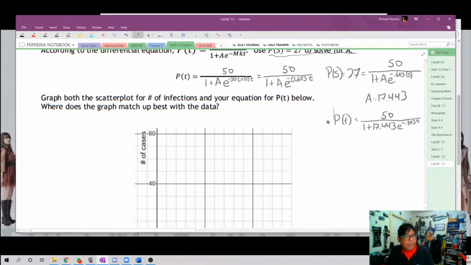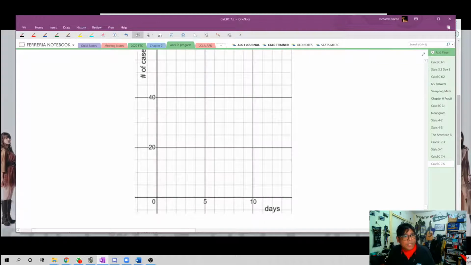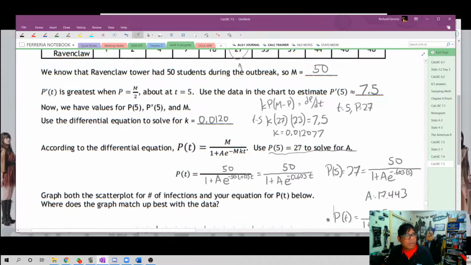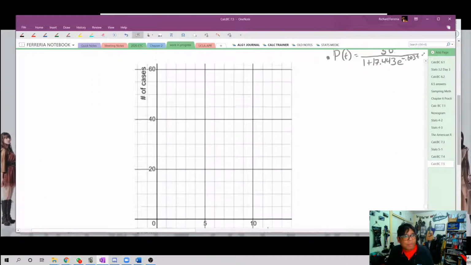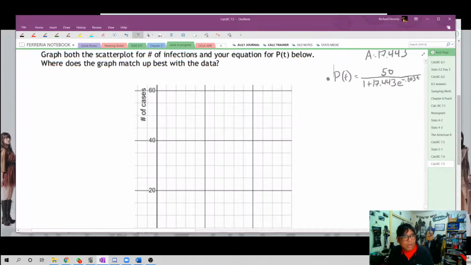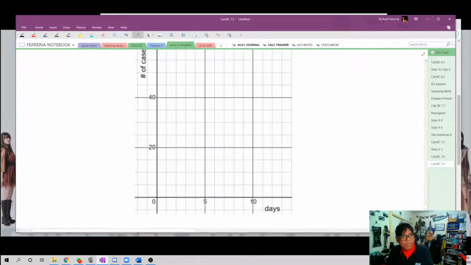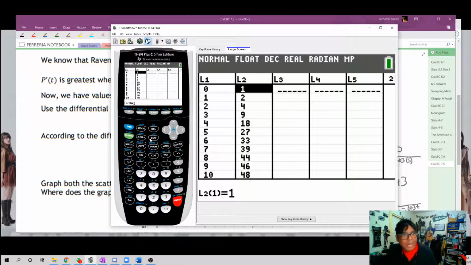Now, the next thing we're supposed to do is graph all of the data together with our equation, and I kind of did that previously, so I'm just going to go ahead and put that in here for you. Here on my calculator, I've put all of the values. L1 over here is T. L2 over here is P, the number of people infected.